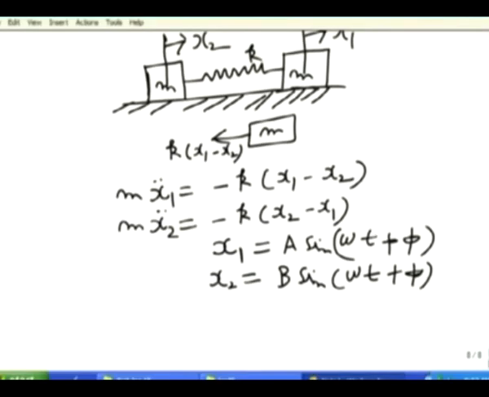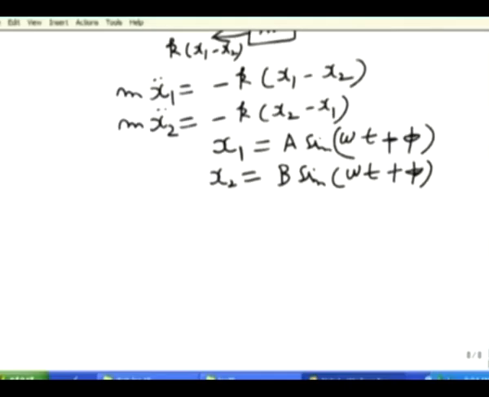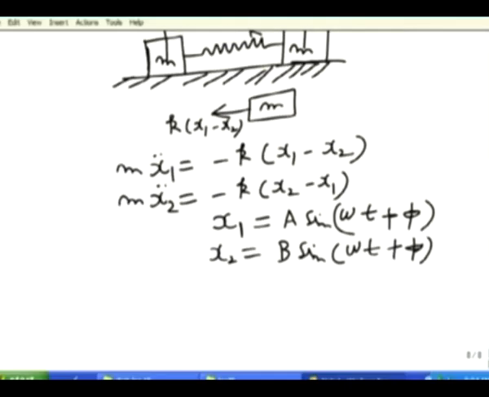In this problem, there will be two values of omega which will provide the solutions, and these will be called two natural frequencies. So, in a multi-degree freedom system, if there are n degrees of freedom, then you will get n equations. So, the concept taught here can be easily extended to the multi-degree freedom system.